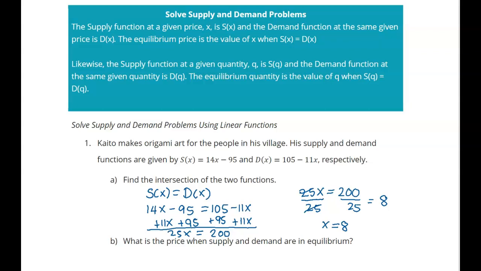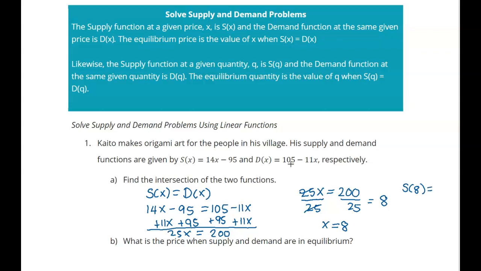And then we will compute for the y value. So to get the y coordinate, we are just going to plug in this value for x to any of the equations here. So for instance, we can evaluate our S of x at 8 to get the y value.